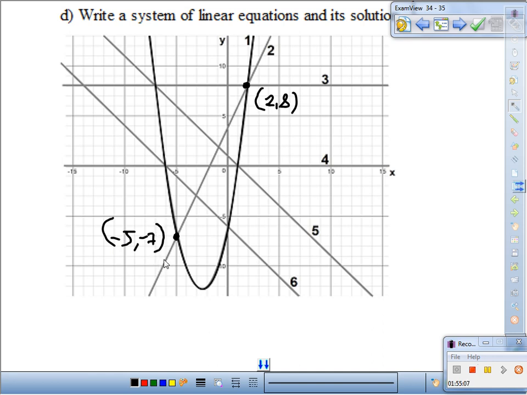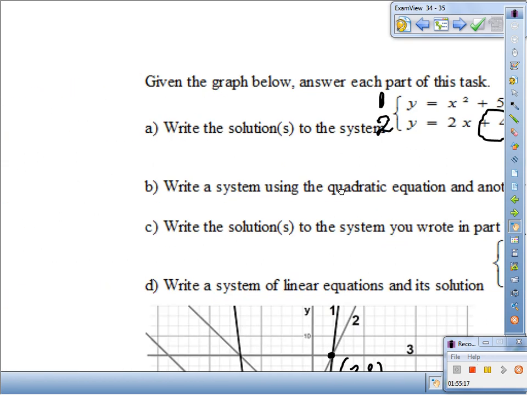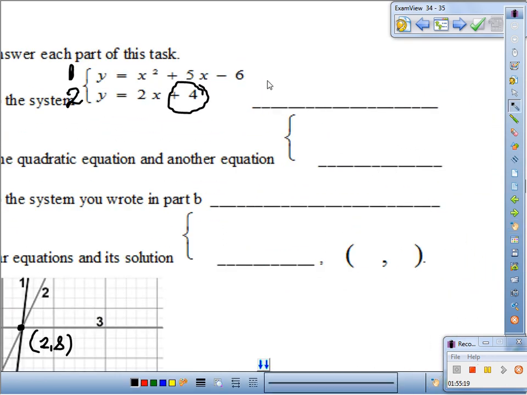That is correct. Okay? So that was part A. So it's 2, 8 and negative 5, negative 7.